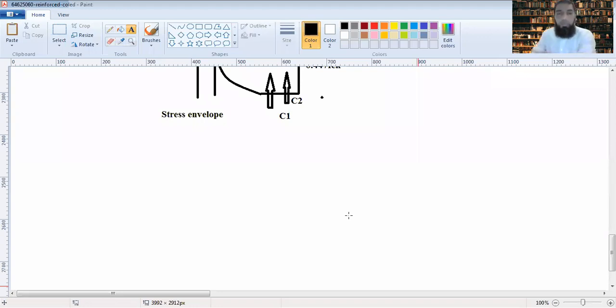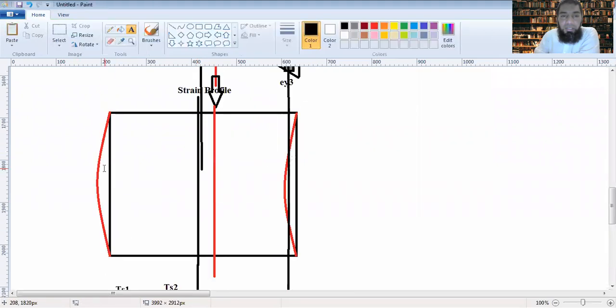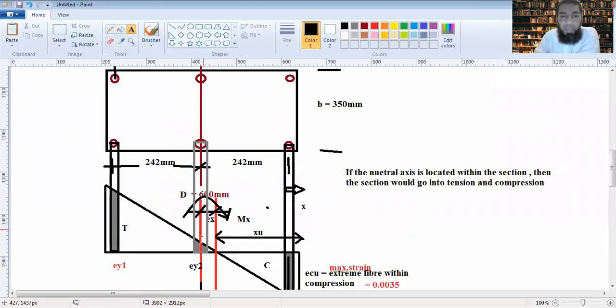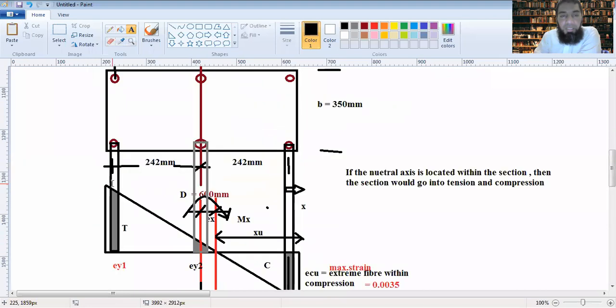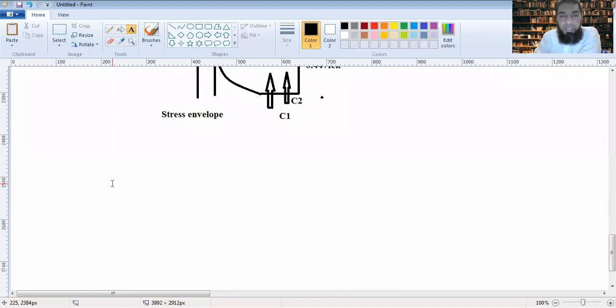So if we check from this, first of all, we'll determine these strain profiles EY1, EY2 and EY3. Now if ECU is 0.0035, can you determine EY1, EY2 and EY3? Yes, we can determine that.